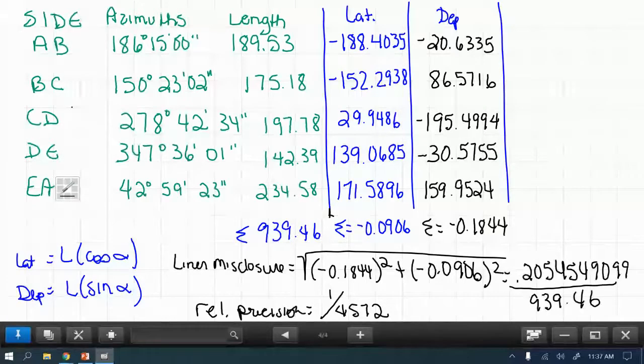So typically, do y'all remember what number we should have, based off surveying standards here? Over 10, under 10,000. So it needs to be 1 to 10,000. Oh, 1 to 10,000. So when you did yours outside, I know you had over 10,000 when you did your misclosure for your traverse around the building.